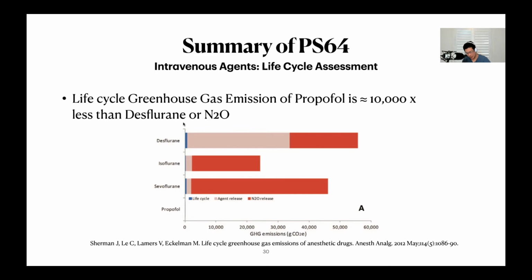And this would be a key statement to put in. And I think if you read PS 64, they've used another term for comparison. They've used the term 4 times the magnitude. And that term just essentially means 10,000 times less than desflurane or nitrous.